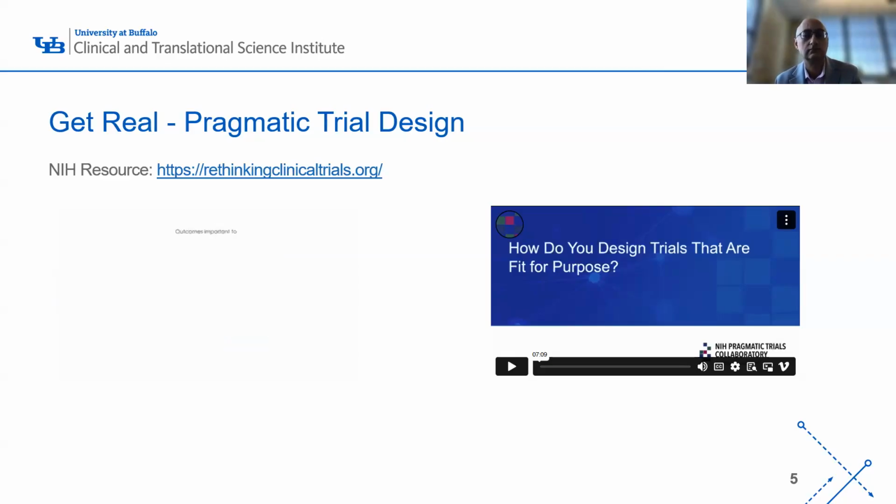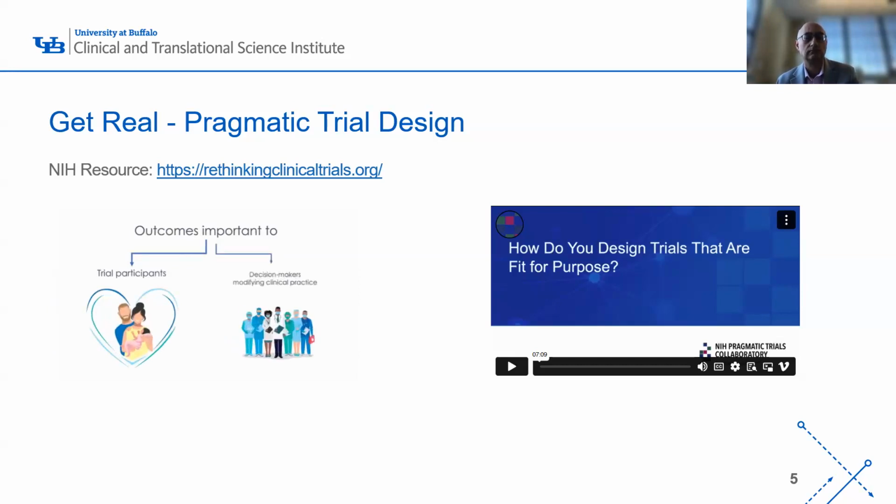We're often focused, and should be focused, on those kinds of outcomes that are important to the participants in the trial for sure, and also to the decision makers who will use what comes out of the trial to make decisions about the way usual care or the way clinical practice should be changed or modified.